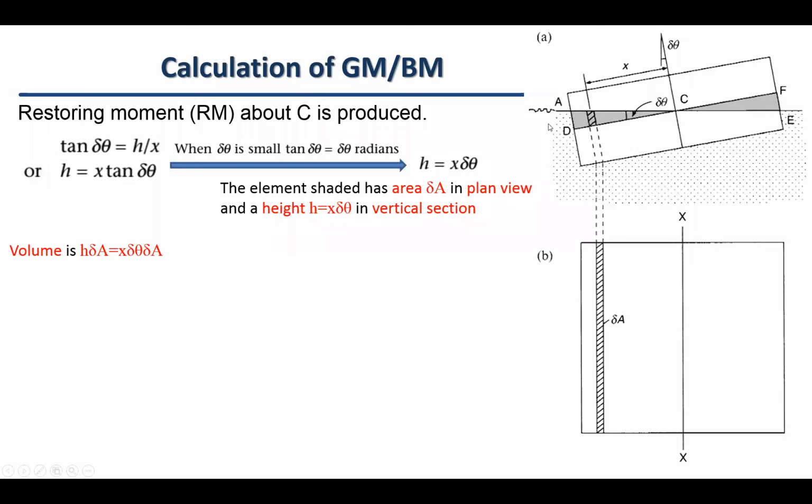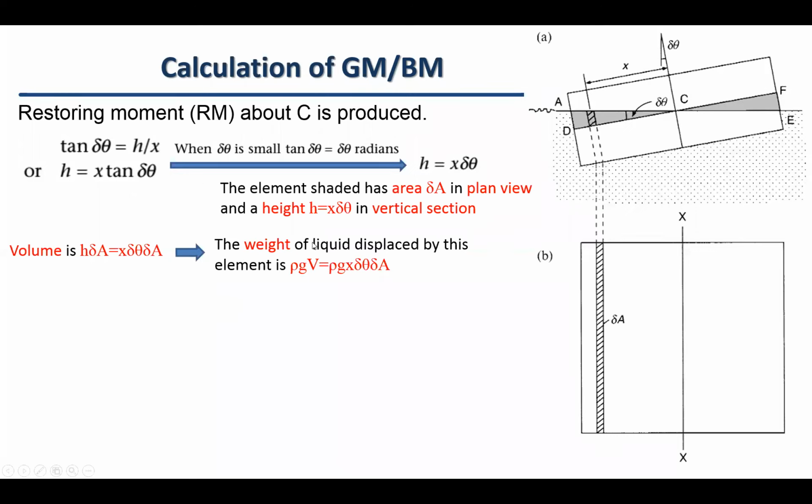So the volume of this hatched area is equal to h that we calculated here times delta A from the plan, h times delta A. It's a very simple formula for the volume. If you substitute h as x delta theta, and delta A is written here, the volume is equal to x delta theta delta A.